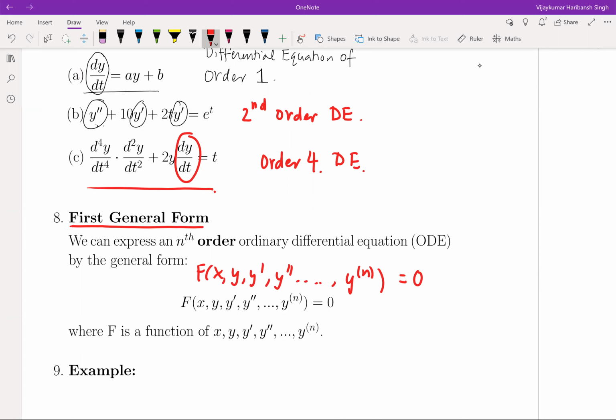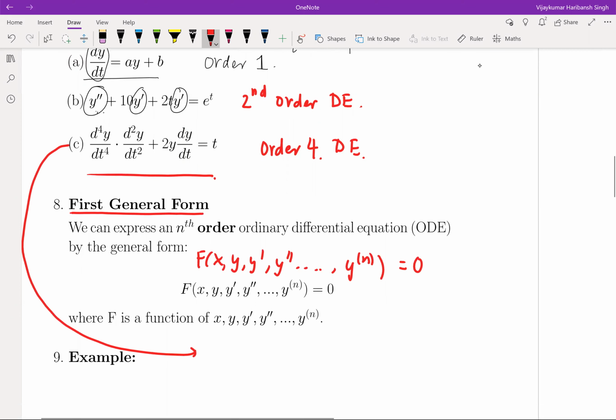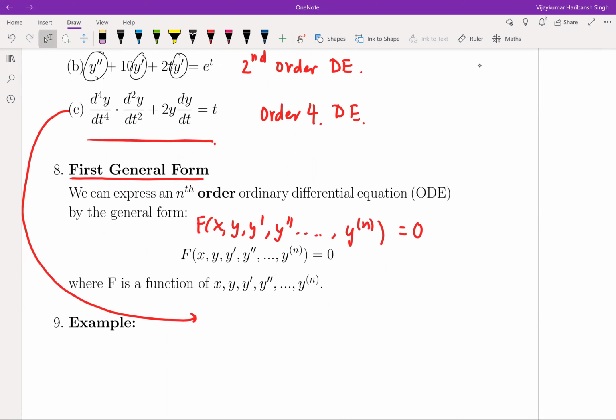Let's see an example. Let's convert some of these. How do I write this one in the general form? I can write this as follows. I have the fourth derivative of this times the second derivative of this plus 2y y prime equals t.